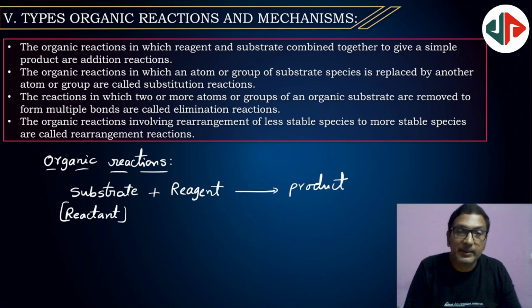Main three parts will be there: substrate, which is the initial compound, next reagent, that is the attacking reagent, gives product. This is the basic skeleton of any organic reaction.